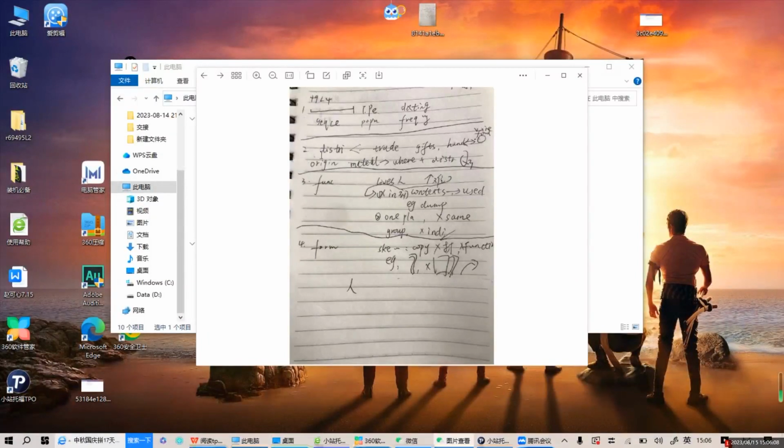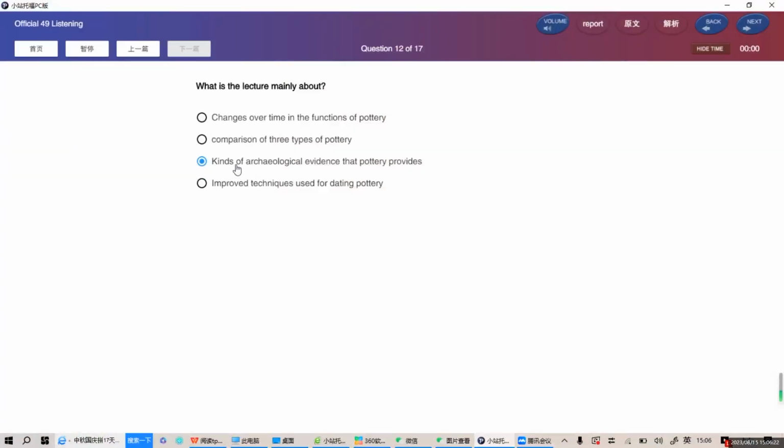And the second is about the evidence of distribution of the pottery. The third one is function. The last one is form. So the 4 paralleled points shows us it talks about archaeological evidence that pottery provides.